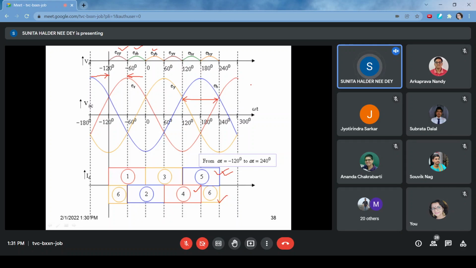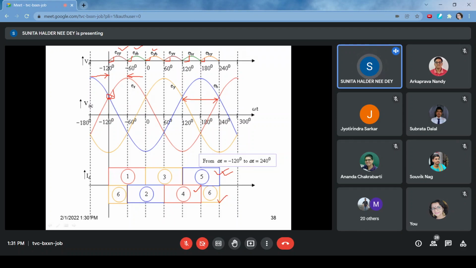Now, we have assumed that the firing angle is 0. That means whenever the R phase gets positive, the gate signal is available and the thyristor can conduct. But if there is any delay in the gate signal, then there will be a delay in the output voltage. So the output voltage waveform will be available with a delay of angle alpha, and that delay will be the same for each phase because they are coupled.